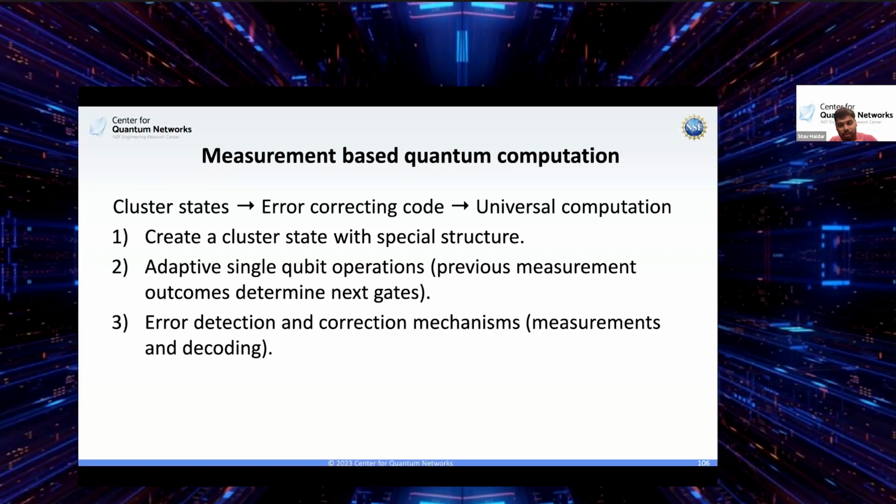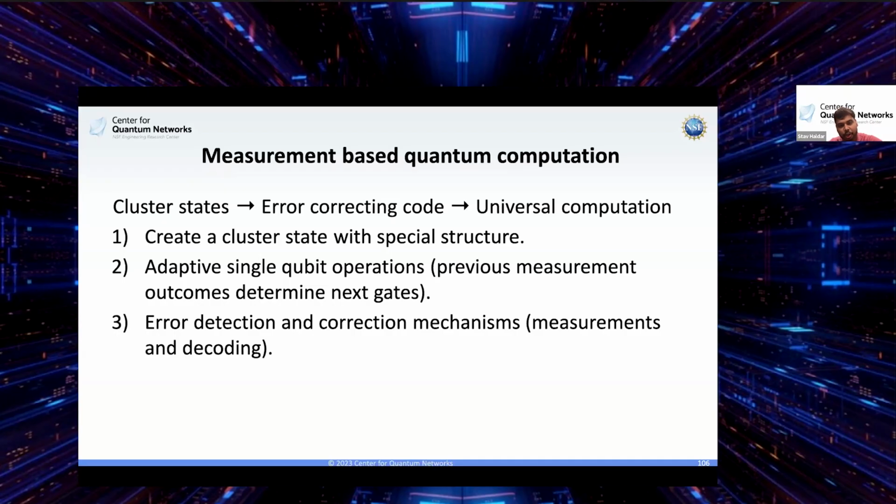And now to do your computation, once you have the resource, there is no need to do any more 2-qubit gates. Everything is just a single qubit operation. Remember, single qubit operations are easier to do. They are just rotations on the Bloch sphere, maybe with some control knobs, for solid state. For photons, it's in some sense probably even easier. You can do that with wave plates and so on.